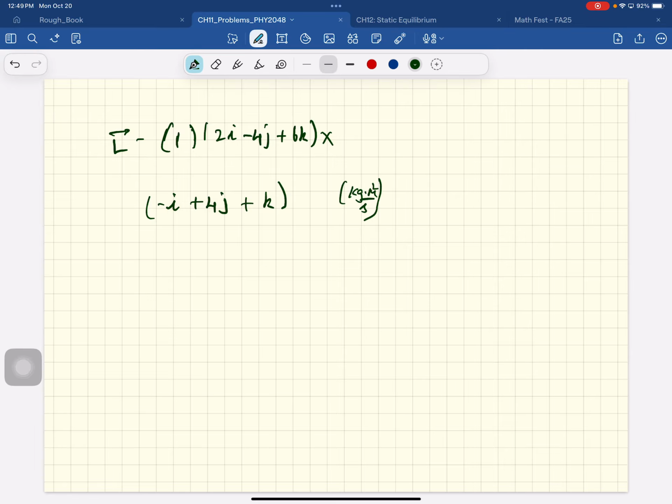I get 8k. Then i cross k is minus j, so that's minus 2j.